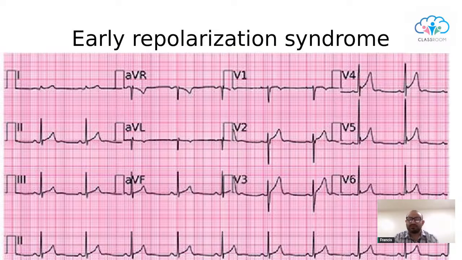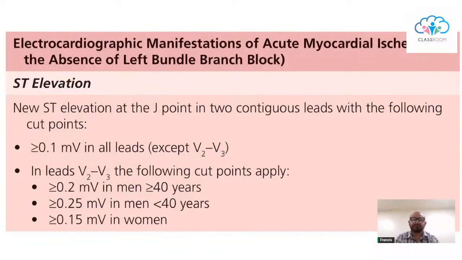It's seen especially in young patients, and usually is a benign finding. You will see ST segment elevation in almost all of the leads. What is a classic hallmark here is that usually there is no reciprocal ST depression seen in any of the leads in early repolarization syndrome.